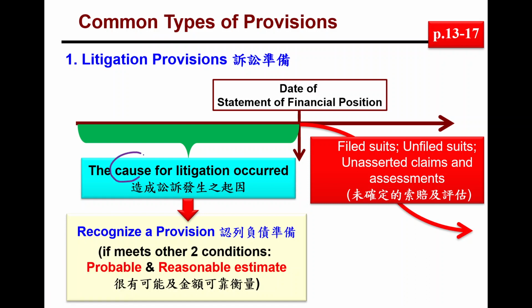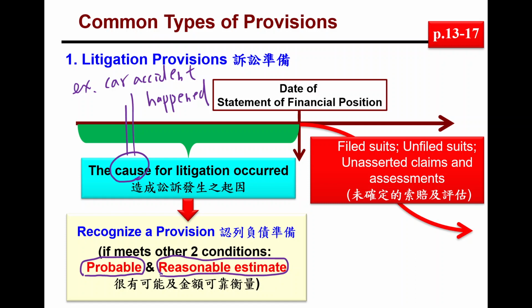So the cause means, for example, the car accident happened. Okay? At this moment, what you think is probable, a reasonable estimate. So probable means you think you have more responsibility.